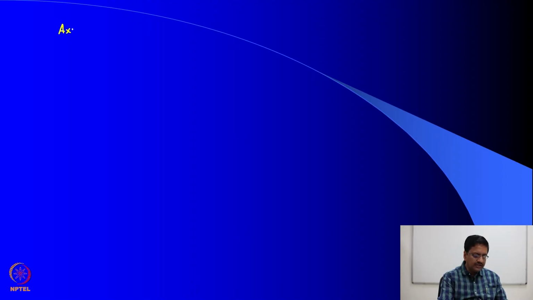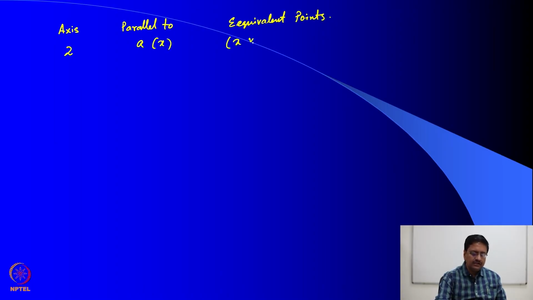So if we continue in that direction, the axis is parallel to some axis, and we get some equivalent points. I just wrote, if it is a twofold axis parallel to A, which means parallel to the x-axis, then the coordinate x, y, z would get converted to x, y bar, z bar.